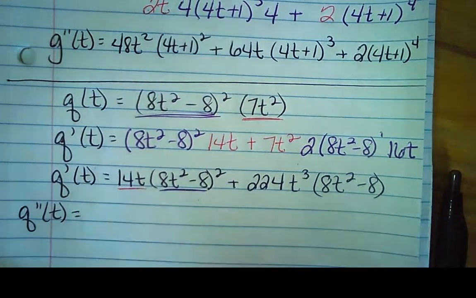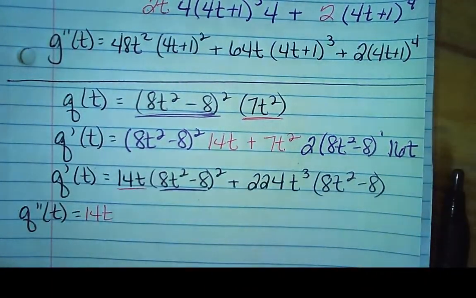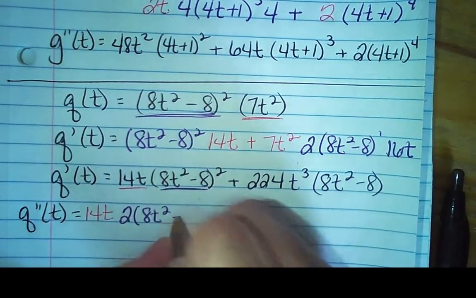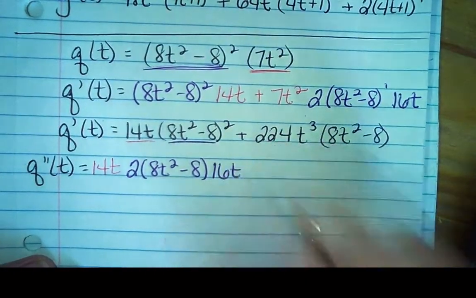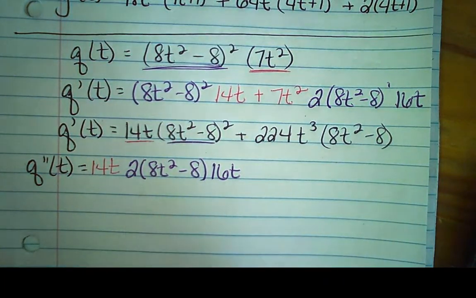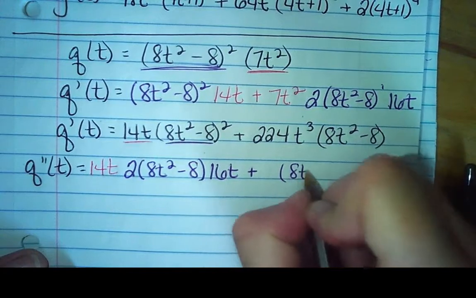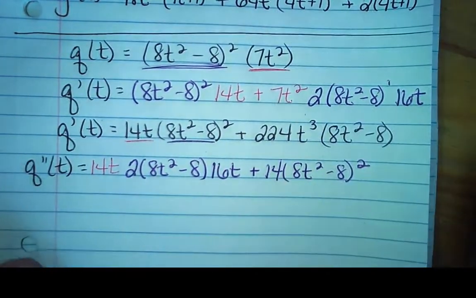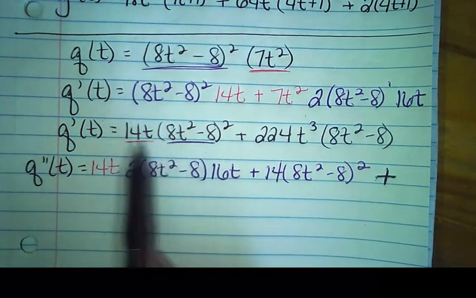So I have first times the derivative of the second, which is 2(8t^2 - 8) to the first, times the derivative of the inside, which is 16t. So first times derivative of the second, plus the second, so plus (8t^2 - 8)^2 times the derivative of the first, which is 14. Okay, so I've differentiated this first chunk.